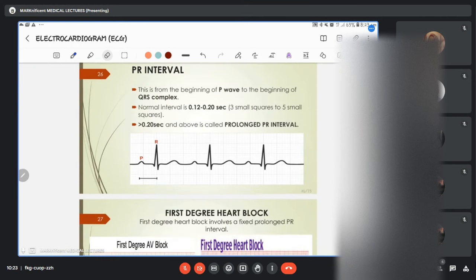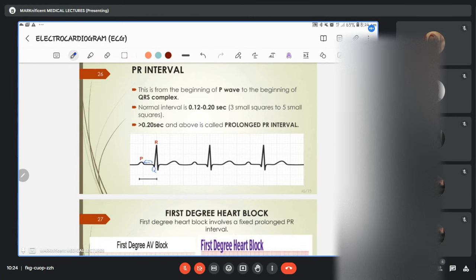All right. After the P wave, you have the Q wave. But in between, Q is here, but then you have an interval. So that interval is that period where the electrical impulse moves from each of these structures or segments or chambers of the heart.